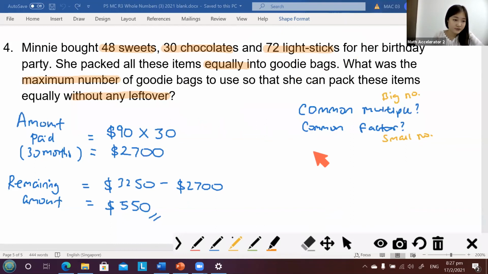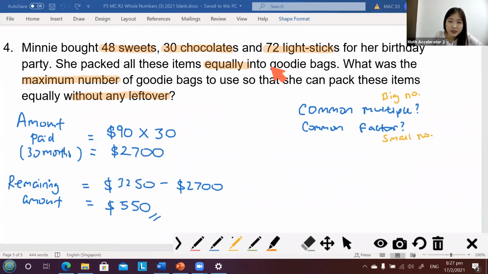Think. You are trying to split the number of items into goodie bags. So common factor or common multiple? Common multiple means you list out 48, then 48 plus 48, and find out when's the next number that will be the same.